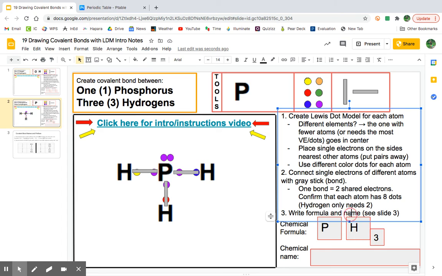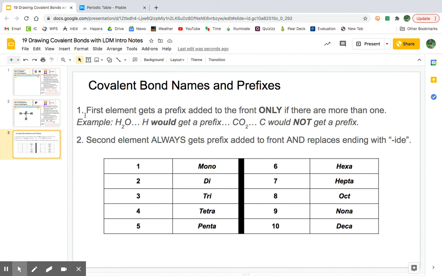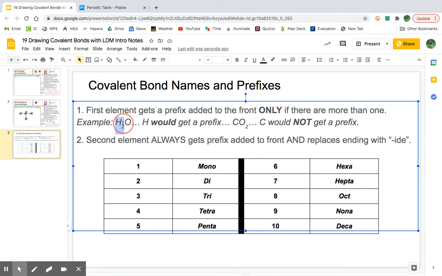Remember the name? To get a little help on writing the name, we'll look at slide 3 for the naming rules and the prefixes. So the first element gets a prefix added to the front only if there's more than one of them. Okay, so with the one we did on slide 1, there were 2 H's, 2 hydrogens. That's why it was dihydrogen.